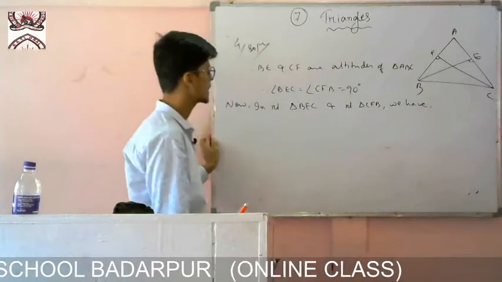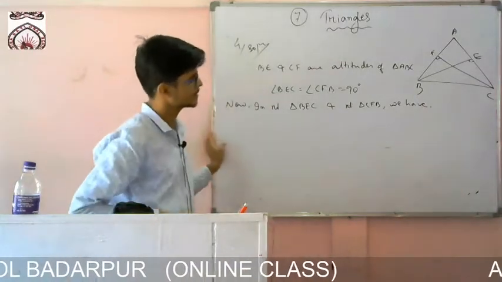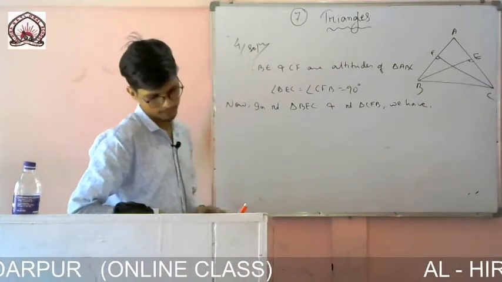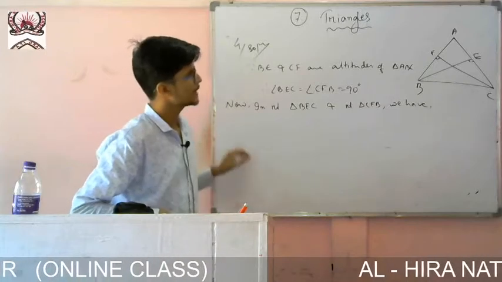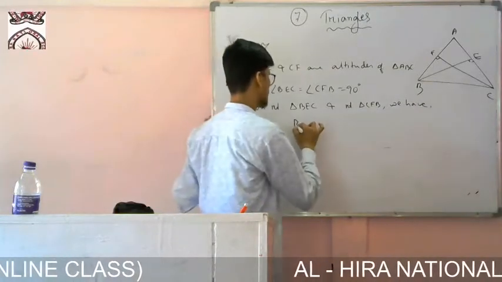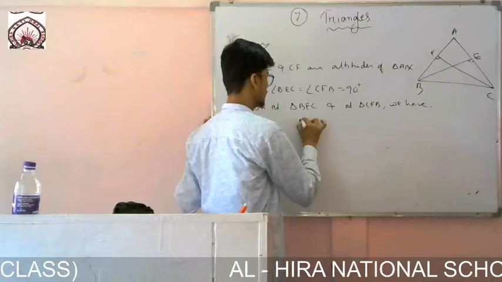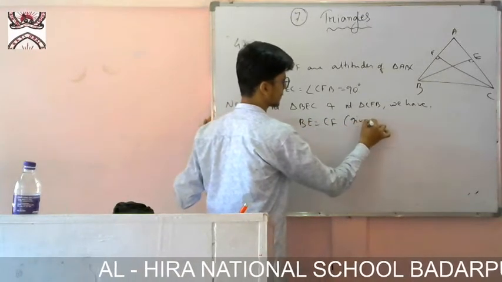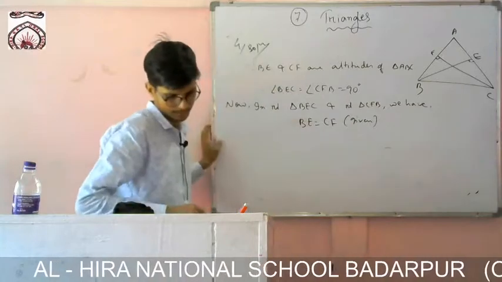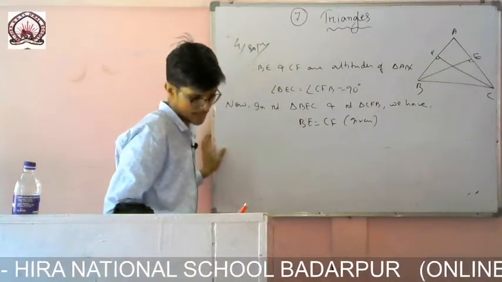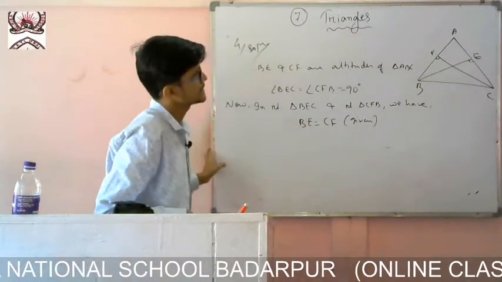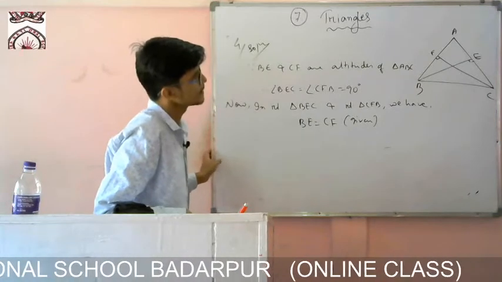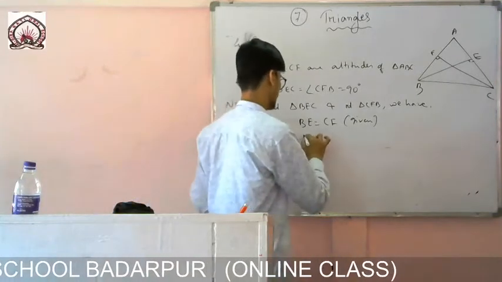Now in right triangle BEC and right triangle CFB we have BE equals CF. It is given, equal altitudes. So BE equals CF. And BC equals BC, that is common.